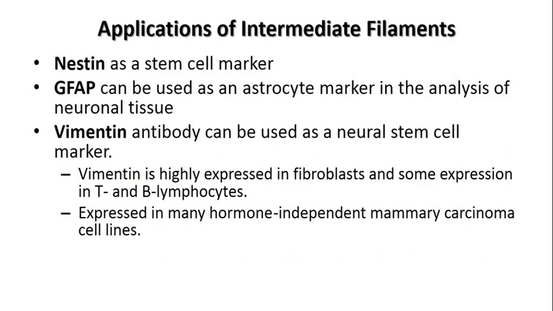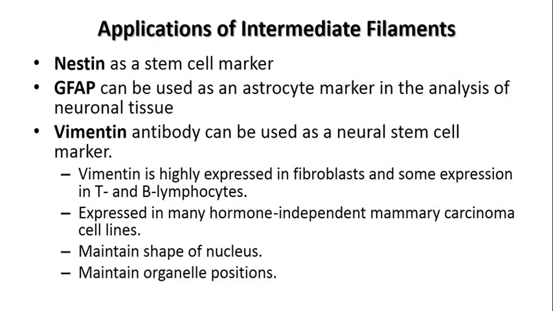It is expressed in many hormone-independent mammary carcinoma cell lines. Vimentin maintains the shape of the nucleus, and also maintains organelle positions, so they do not dangle and move from one end to another. So, those were the applications of intermediate filaments.